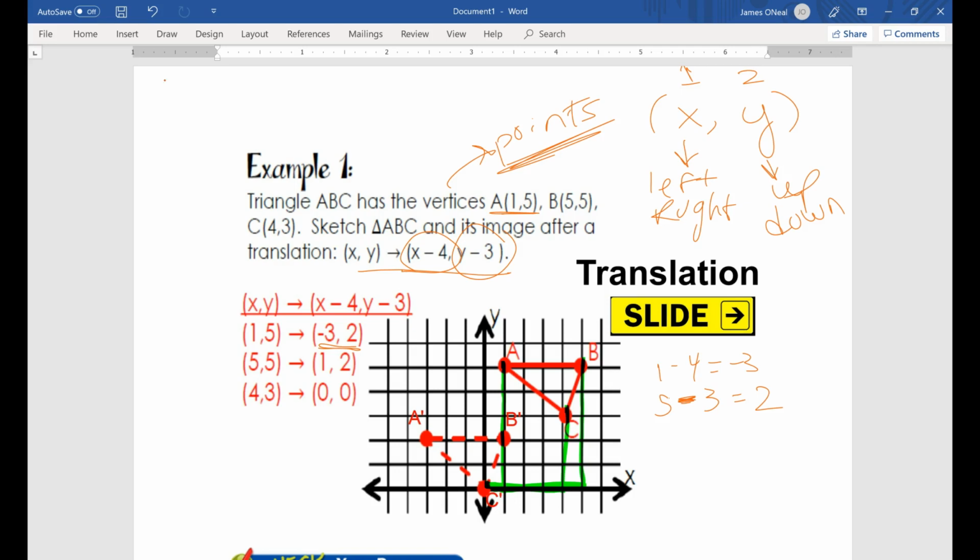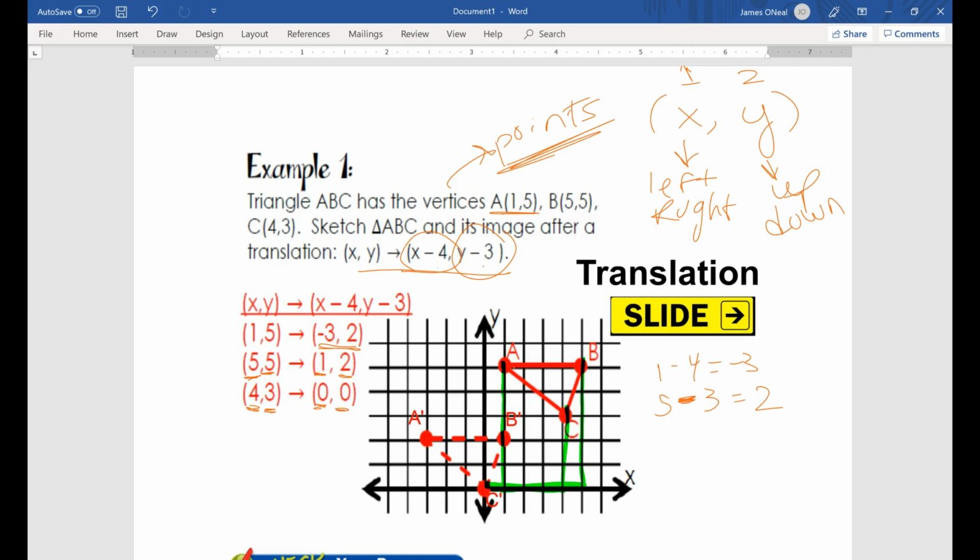We take 4 away from x, 3 away from y. So again, 5 minus 4 is 1, 5 minus 3 is 2. Okay, 4 minus 4 is 0, and then 3 minus 3 is 0. So these are my new points.